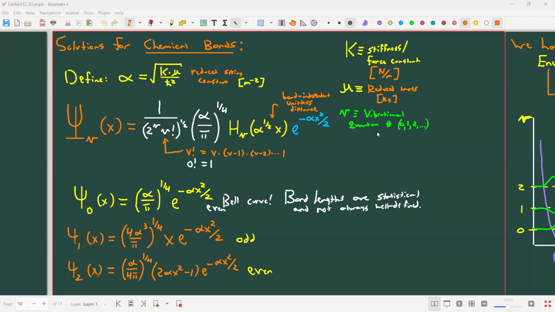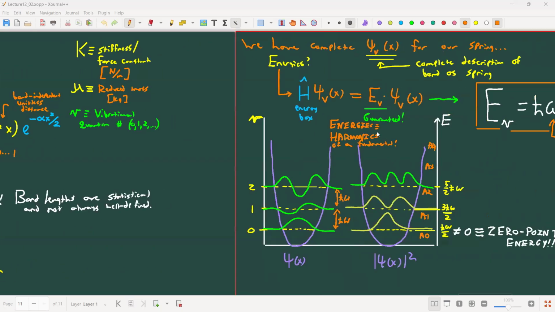If you think about it like a classical spring, instead of it bouncing back and forth between the limits, the quantum mechanical spring has some probability distribution outside the potential.